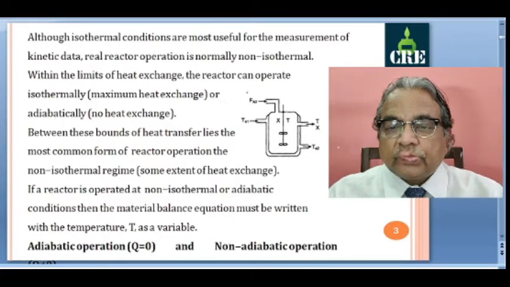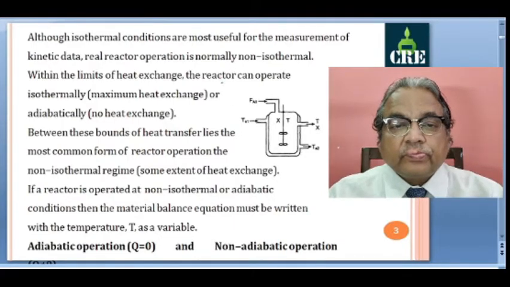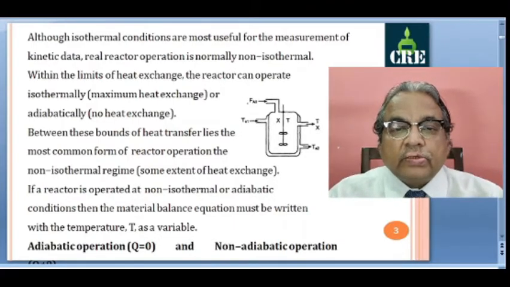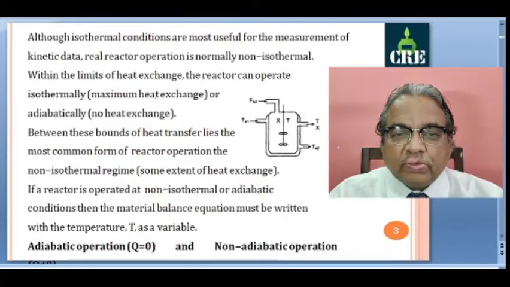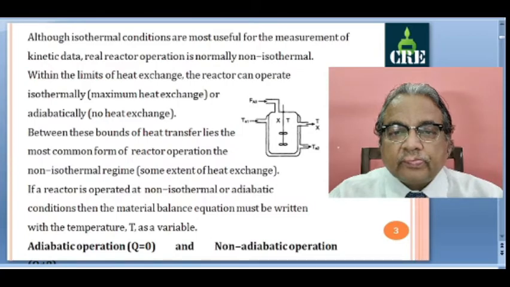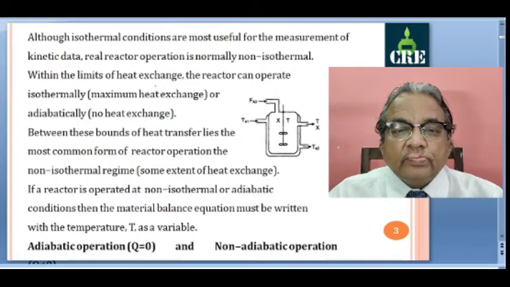So this is CSTR, and we know that although isothermal conditions are most useful for the measurement of kinetic data, real reactors normally operate under non-isothermal conditions. Within the limit of heat exchange, the reactor can operate isothermally, that means maximum heat exchange.